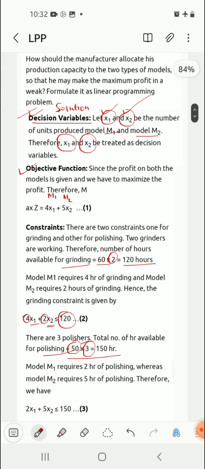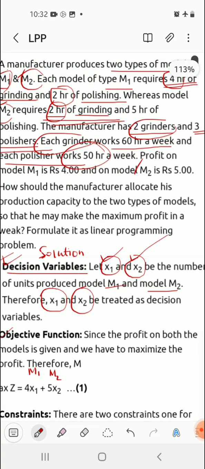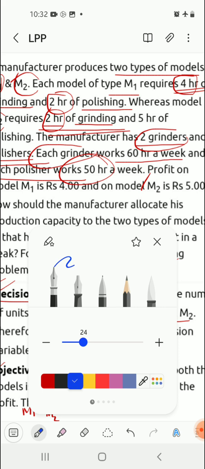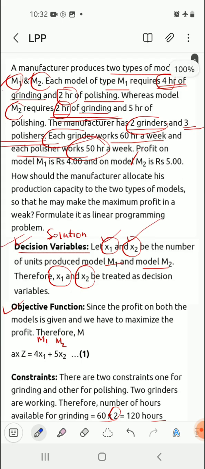Next, equation C is formed. Why? Because the next machine that we are using is the polisher. It is stated that 2 hours of polishing is required for M1 and 5 hours of polishing for M2.